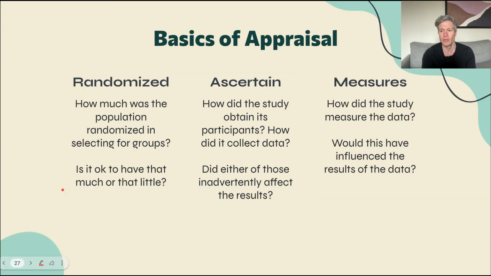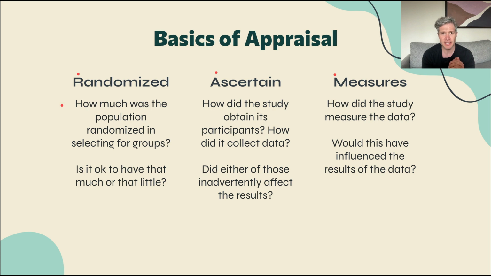Okay, great. The last 3 points that you can keep in mind when you're going to critique a paper and/or when you're reviewing your papers in preparation for the exam and applying it to your experiments is the acronym RAM. So randomization, assertion, and measures, or measurements. When we're looking at it, where was the randomization happening?